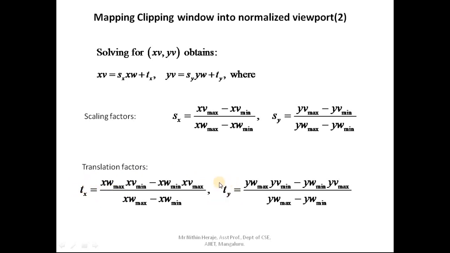Similarly, for the translation factor with respect to y, we have yw max into yv min minus yw min into yv max, divided by yw max minus yw min. So this formula will get you the translation factor with respect to the y-axis. All right, I hope you got this.